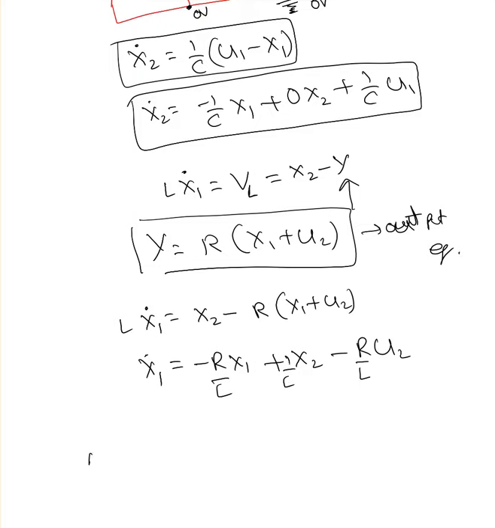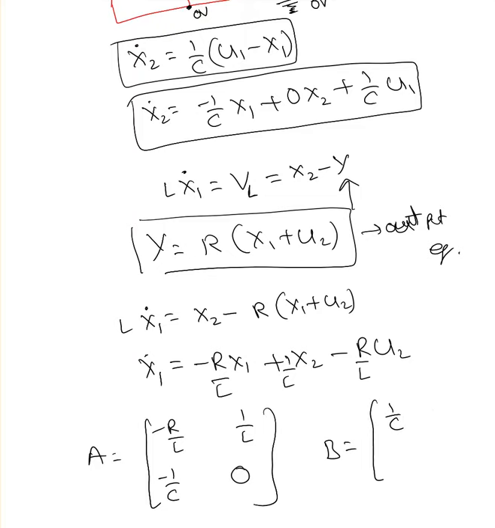So my A matrix must be minus R over L, 1 over L, minus 1 over C, 0. My B matrix, you will end up with U1 and U2. So 1 over C, there is no, sorry, yeah, this must be 0.